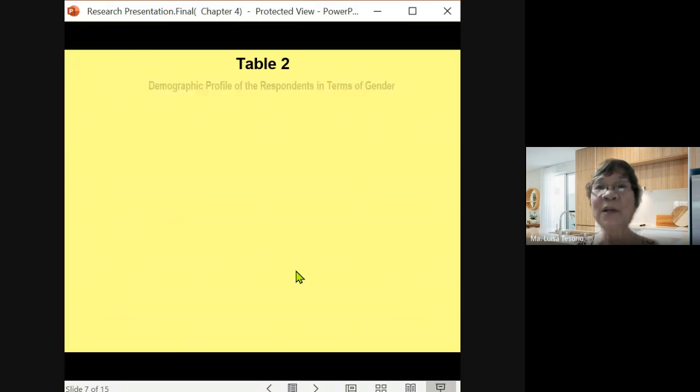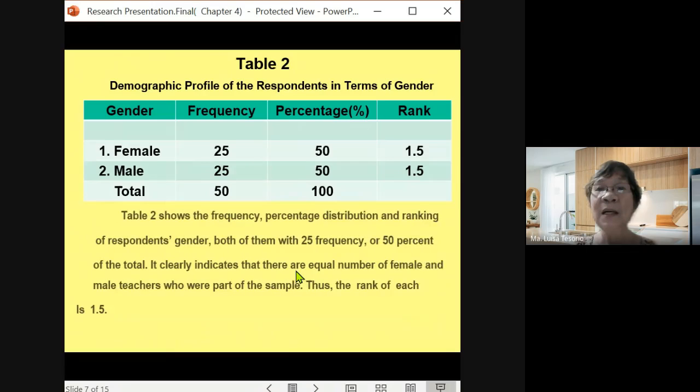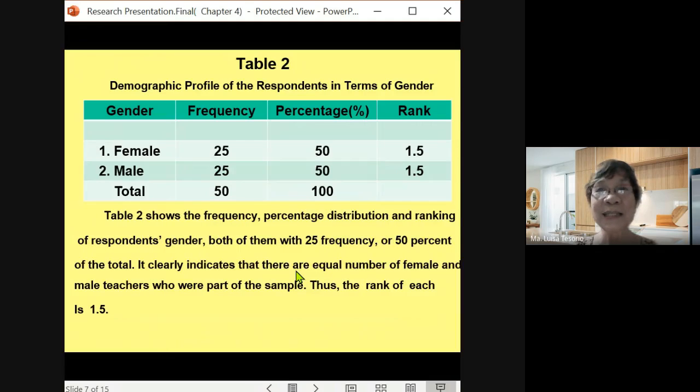The next table shows the demographic profile of the respondents in terms of gender. Notice that in table 2, the frequency, the percentage distribution, and the ranking of respondents' gender are being presented.